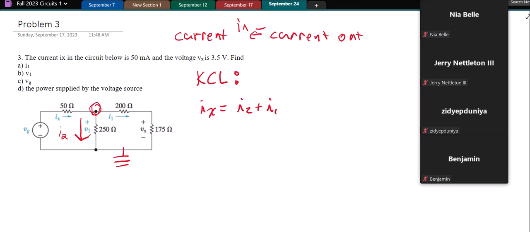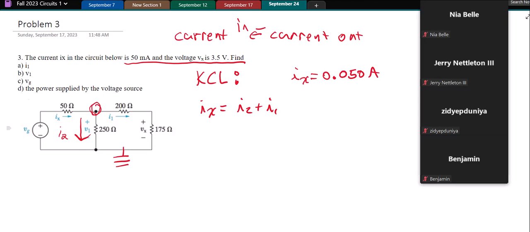So, okay, I'm glad I went back and read the problem, because I often do this. I'll work this, say, I don't have enough information to do it, and I have to look, and it tells me right here, it gives me some information right there. So I know that IX is 50 milliamps, so IX is 0.050 amps. And Vx is 3.5 volts.